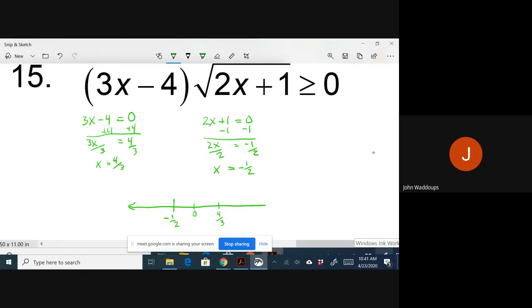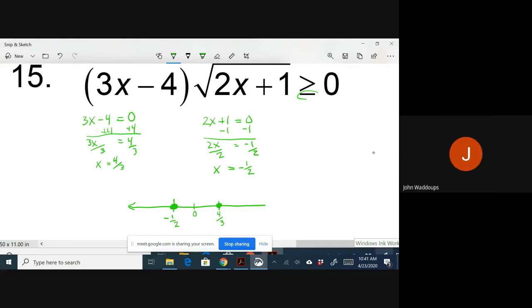Now, because it has this greater than or equal to sign, it can be equal to 0. We're going to use closed dots on those points. If it didn't have a little line underneath, it was just greater than 0, then we would use open circles rather than the closed dots.